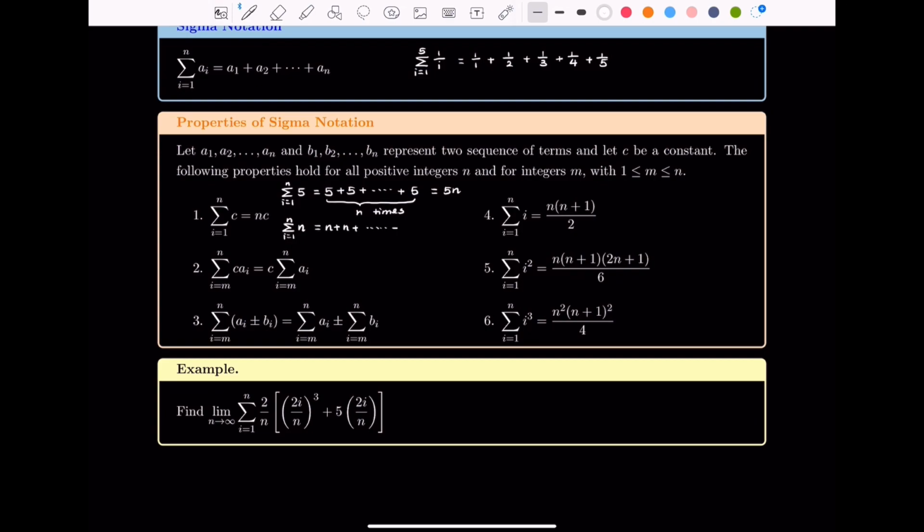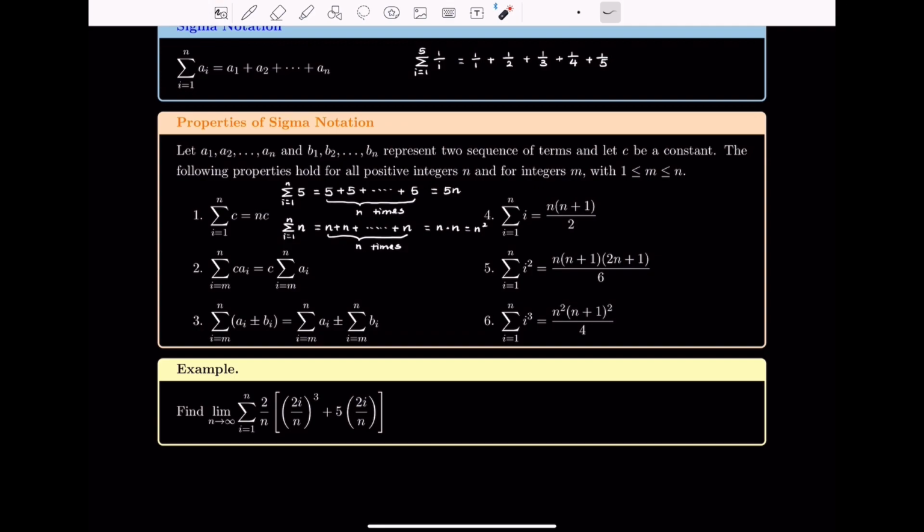Because n is a specific number, although we don't know what it is, it's still adding to itself n times, so we know that this is basically n times n, or n squared. So what I want to point out here is c does not have to be a specific number like 5 or 10. It can be a variable like n, as long as it doesn't have i involved.